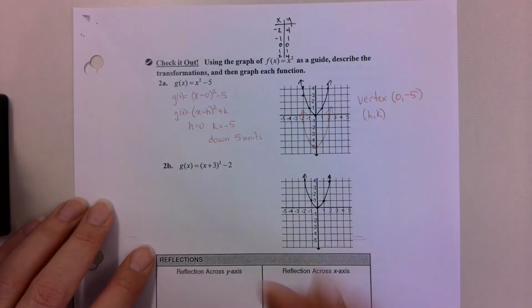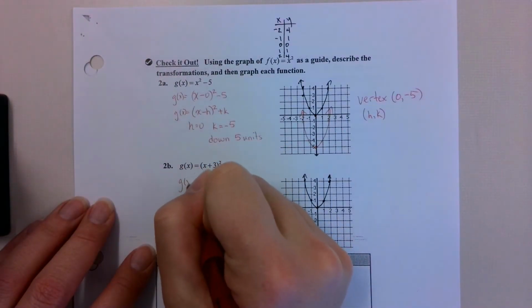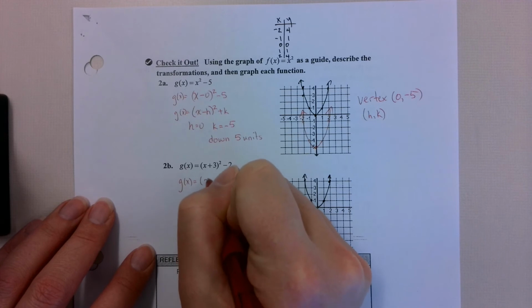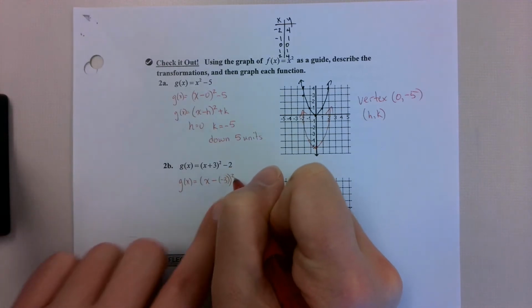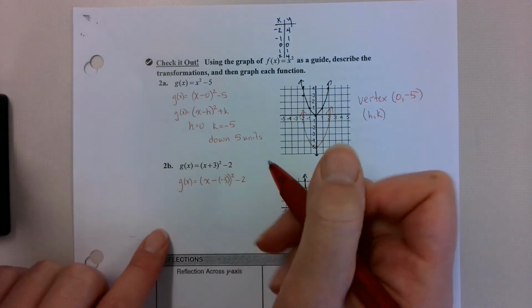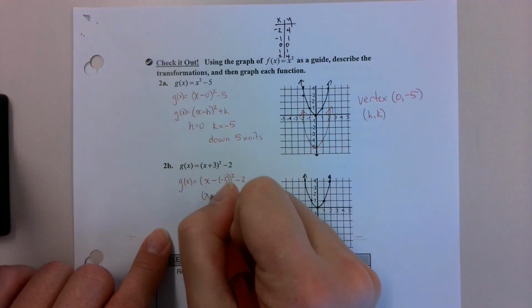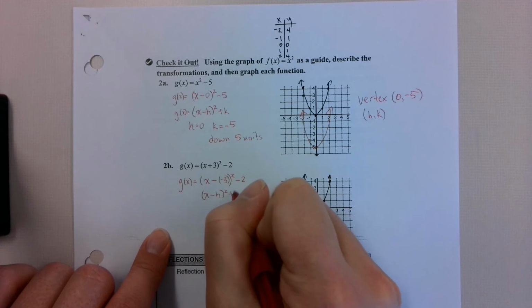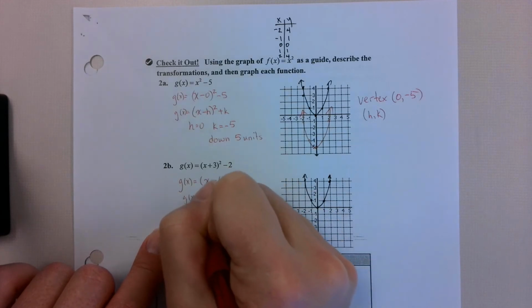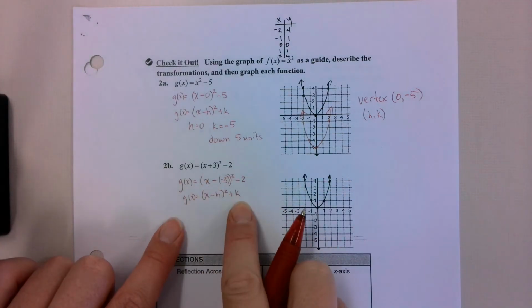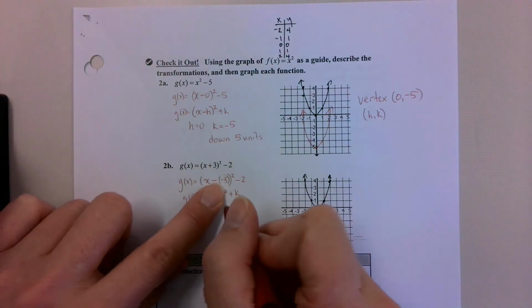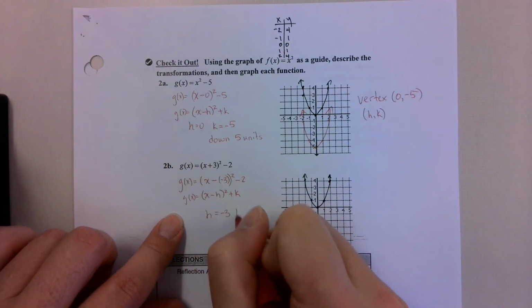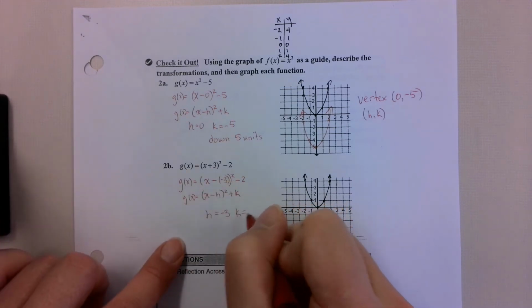Okay, the next one has a little more going on, so let's rewrite it. g of x equals x minus a -3. You don't need the extra parentheses, it's just proper. So when you think about this, it's x minus h squared plus k. And the more I rewrite this, wow, does that help my brain. So the h is not 3, the h is -3, and the k is -2.